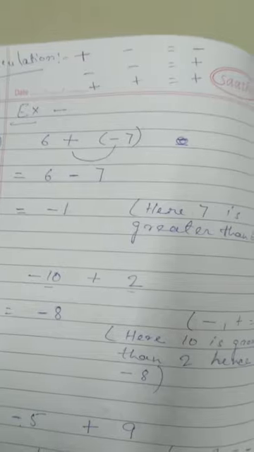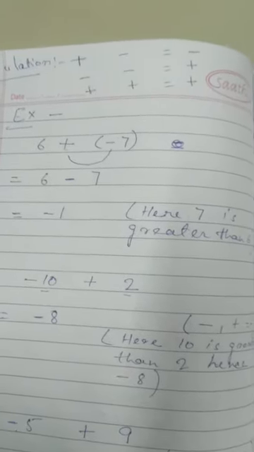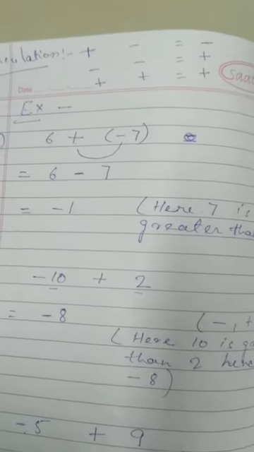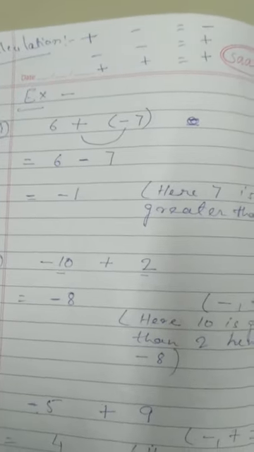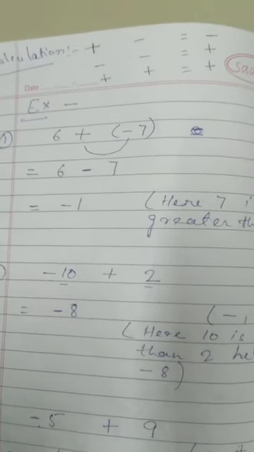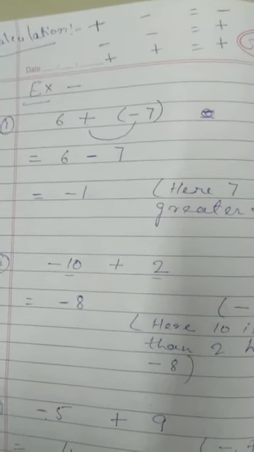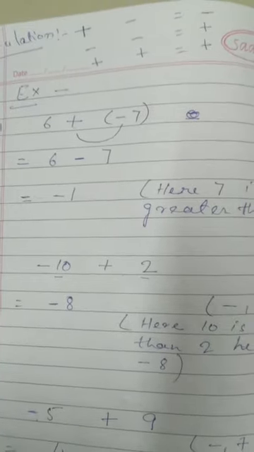For minus minus, we do plus; minus minus is plus, and plus plus is plus. Here 6 plus minus 7. At first we remove the bracket. As we remove the bracket, we can write 6 minus 7.